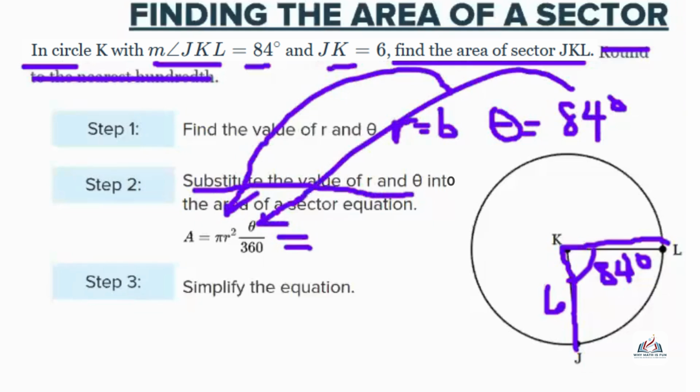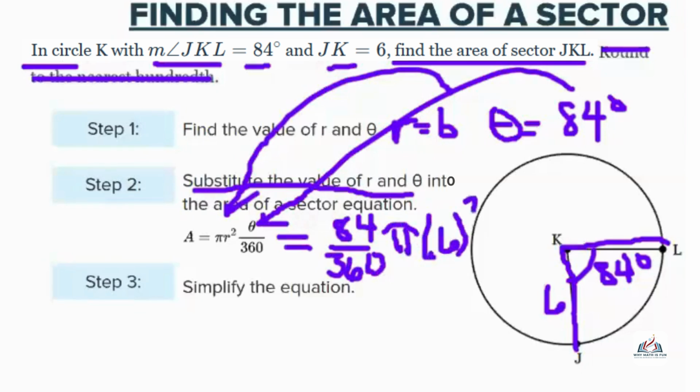Another way you can write this is 84 over 360 times pi times 6 squared. And there's our answer.